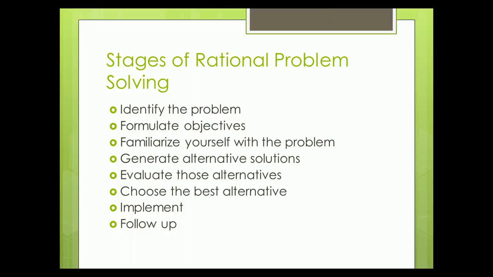In Table 3-1, you've got, first of all, the first stage of decision making is to identify the problem or the opportunity. So, in other words, what is the business problem that we're trying to solve? Or what is this opportunity that's presented itself? What is it that we're about to deal with?